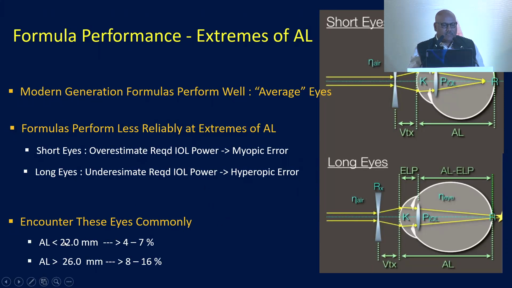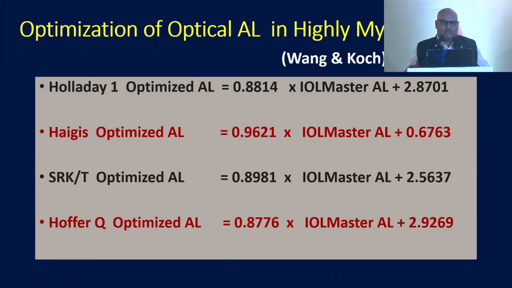Patients with axial length less than 22 millimeter are seen in about 4 to 7% of patients, and more than 26 millimeter axial length are seen in 8 to 16% of our cataract patients.